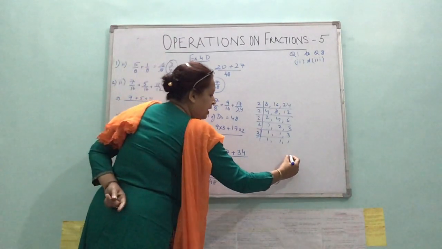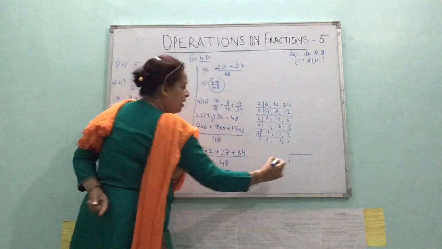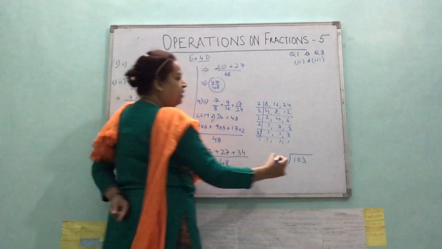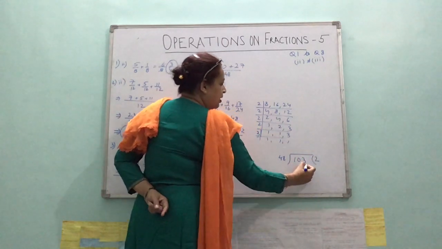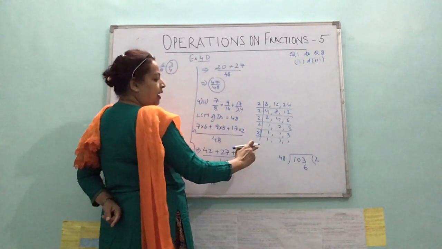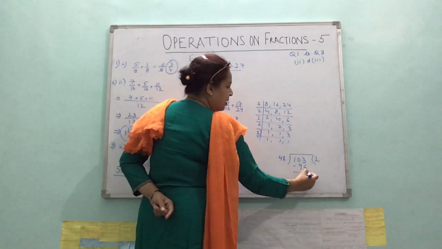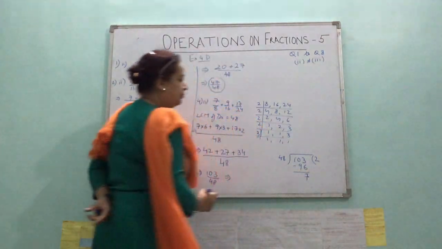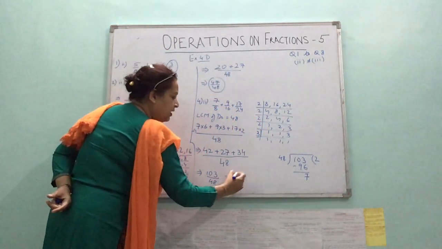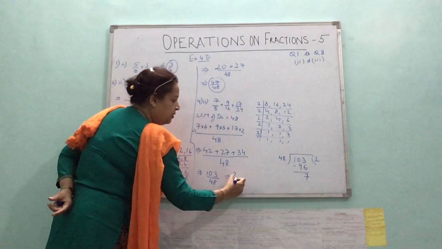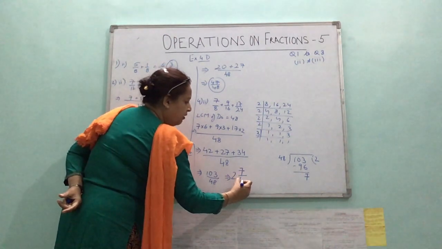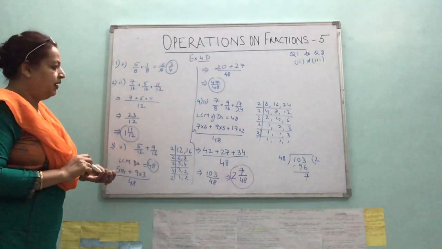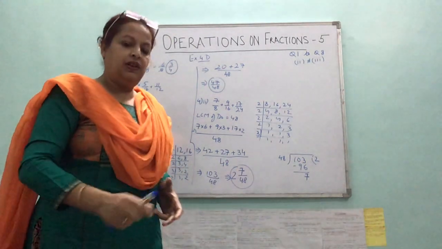So we'll find out by dividing 103 by 48. 2 times 48 is 96. So 103 minus 96 is 7. So what is the mixed fraction? This is the whole number part, 2. 7 by 48 would be your answer. Alright, children? Clear, children?